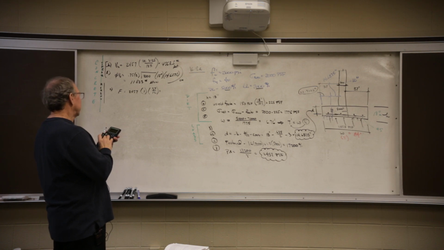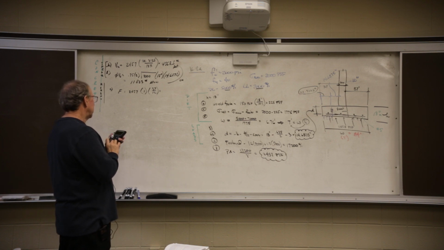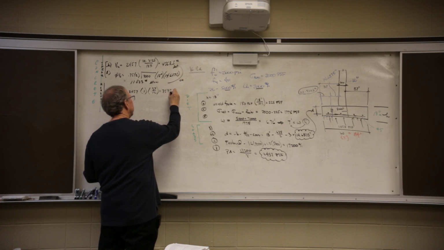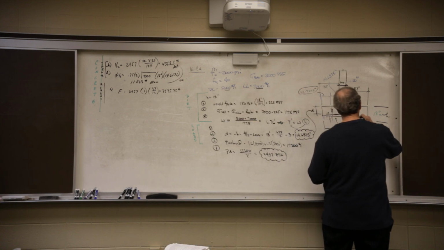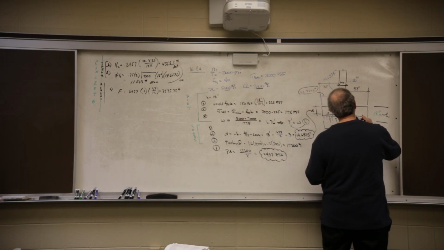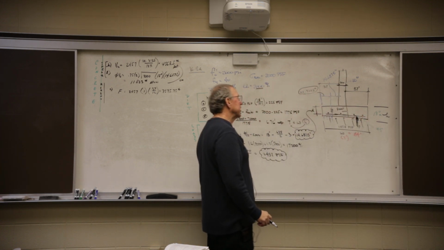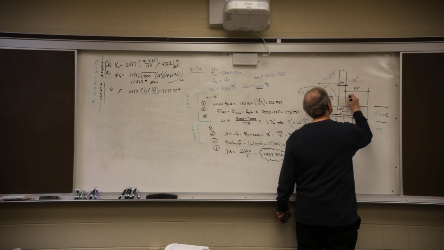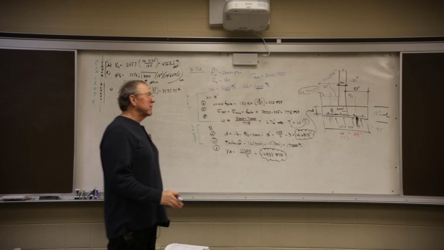So 2,457 times 37 divided by 12, 7575. So I've got a force pushing right up right here, 7,500 pounds. Where does it push? It pushes in the center. So that force is acting in the center of the 37. Center of the 37 is 37 divided by 2. So the moment arm is 37 divided by 2.